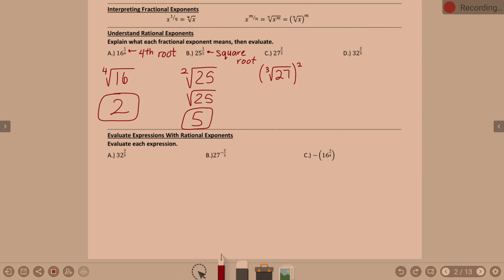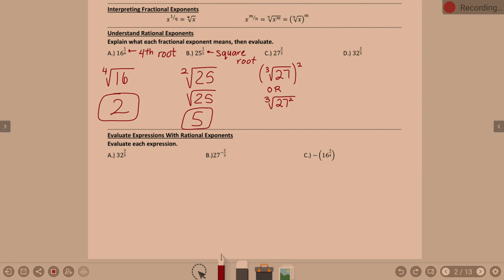We could write it like this, the cube root of 27, and then squared, or you could write it as the cube root of 27 squared. Those are equivalent. You do them both in your calculator, they're going to come out the same.